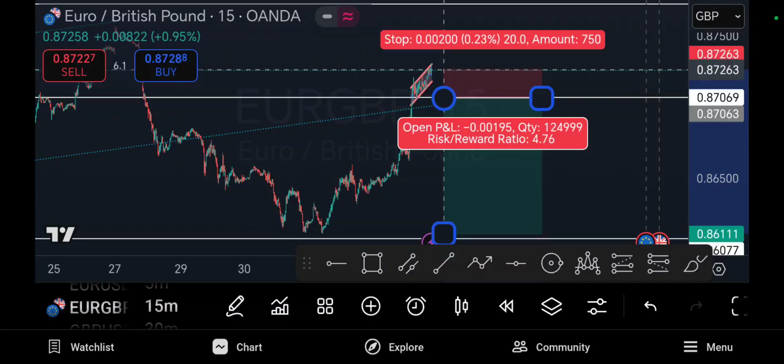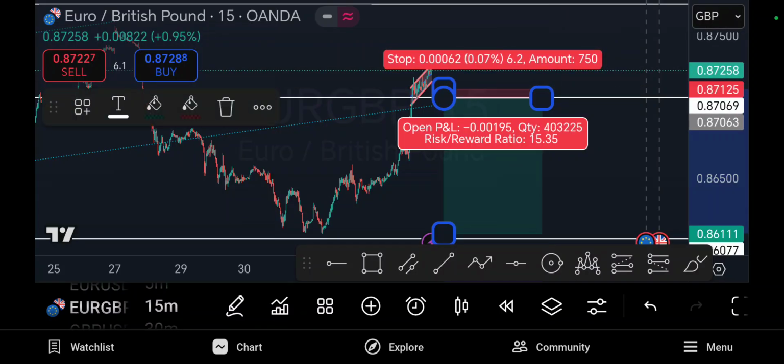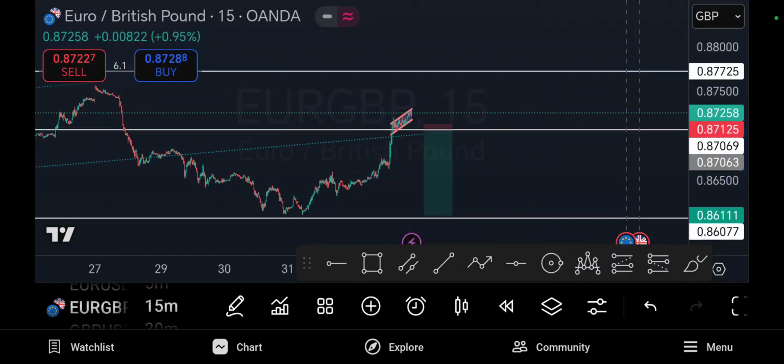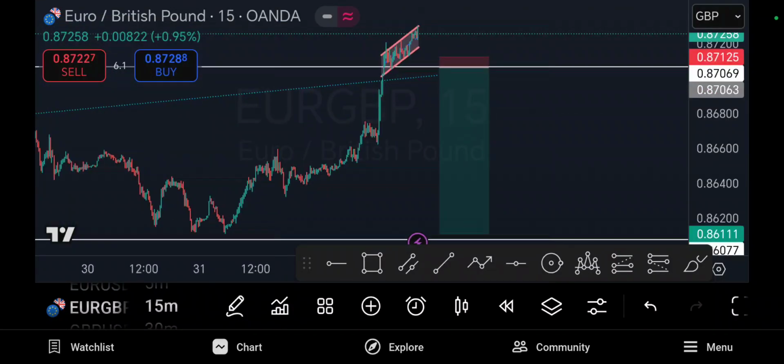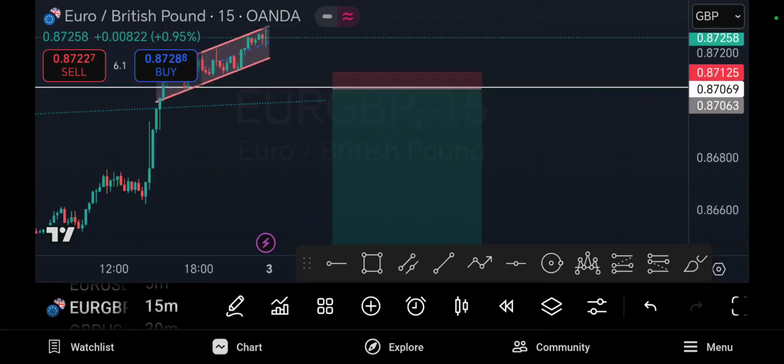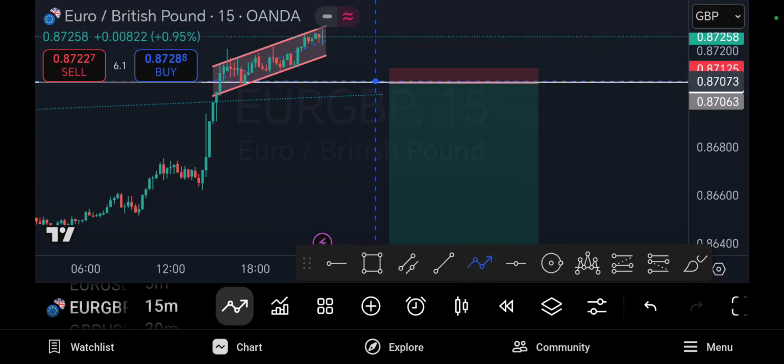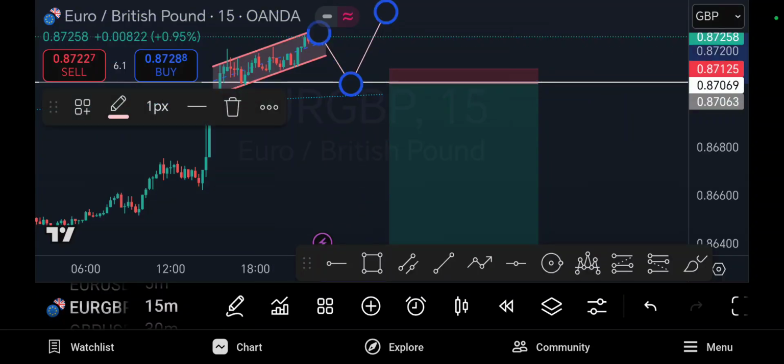Nice scalp trade. Nice tight stop loss also. But since it's above it, we could just wait and see how it reacts here. If it does something nice, we can operate our buys to the top side.